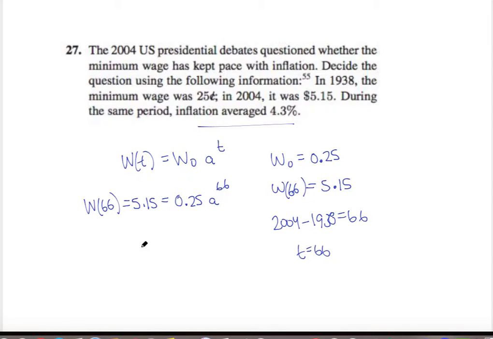So, dividing both sides by 0.25, we have the equation 20.6 equals A raised to the 66th power. So we're just going to take both sides and raise them to the 1/66th power, which is how to get rid of this 66.